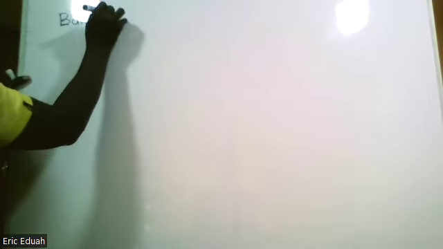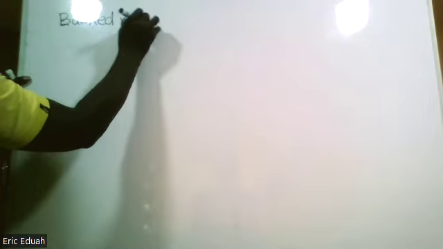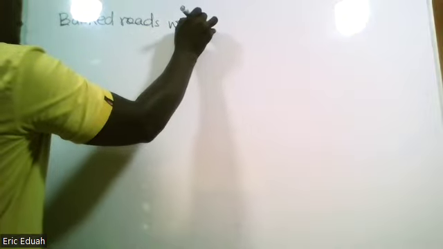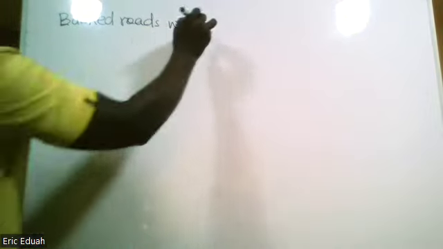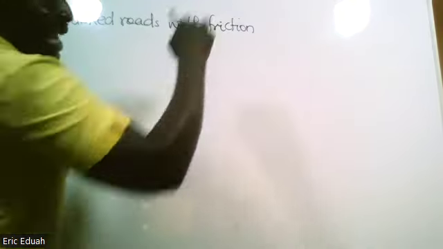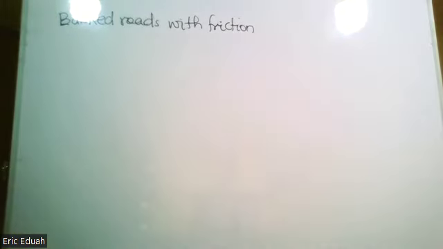So this is a banked road with friction. Friction between the tire and the road.